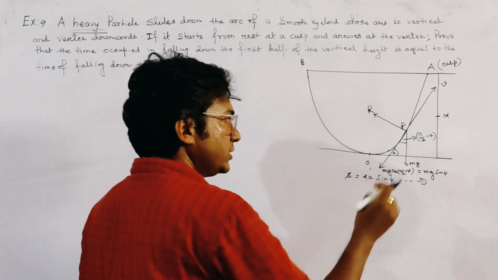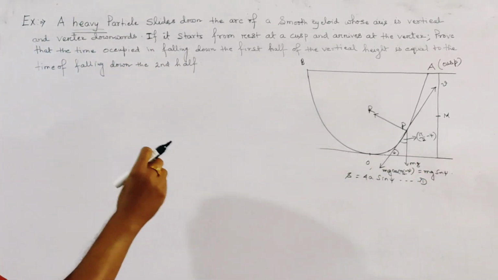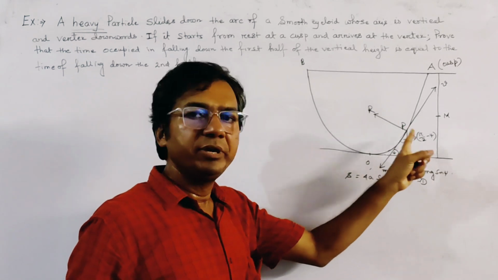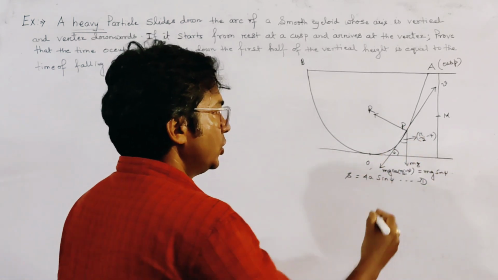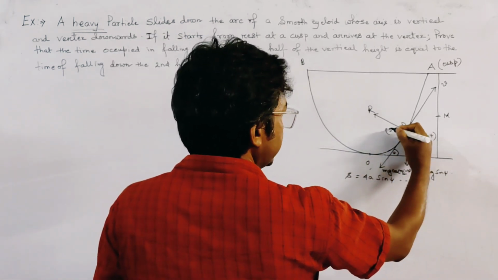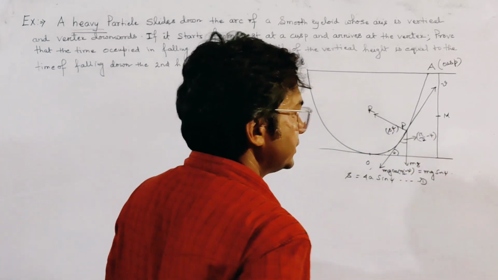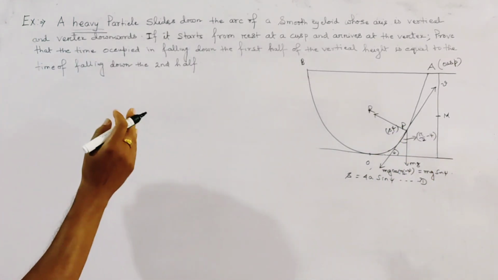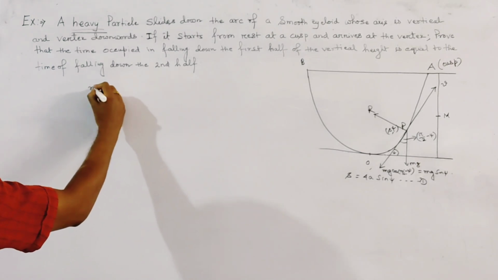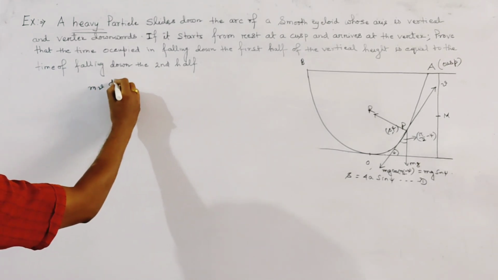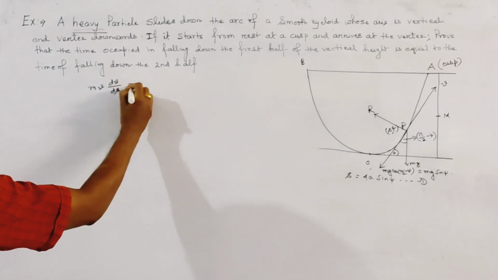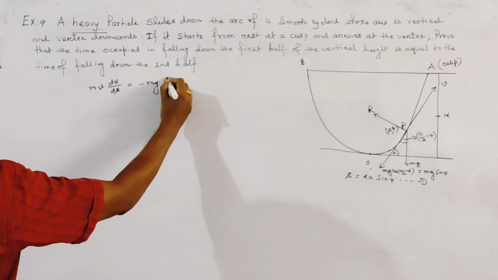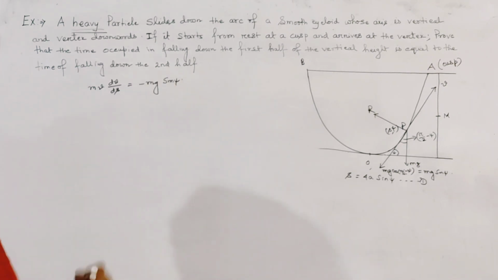Now we consider the tangential equation of motion at the point P, the general point whose intrinsic coordinate is (s, psi). The equation of motion in the tangential direction is m v dv/ds = -mg sin psi.